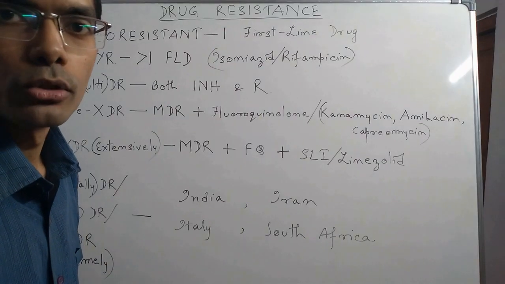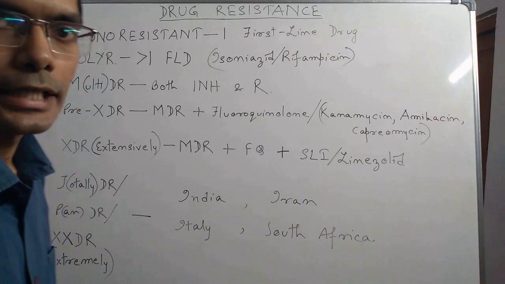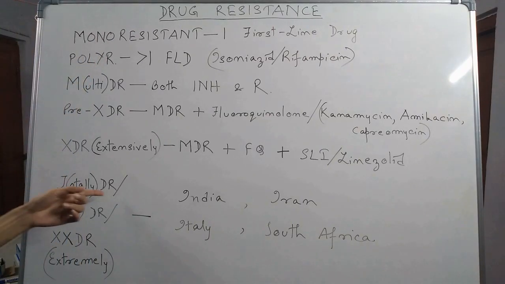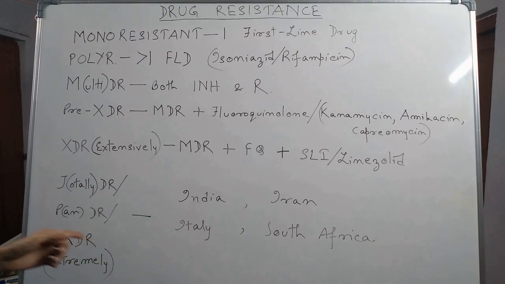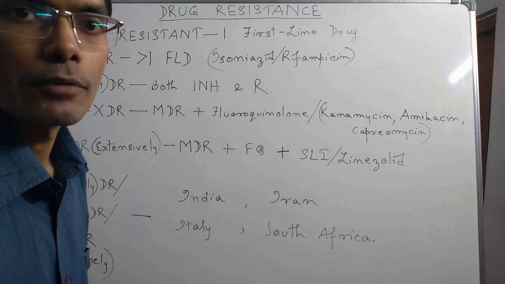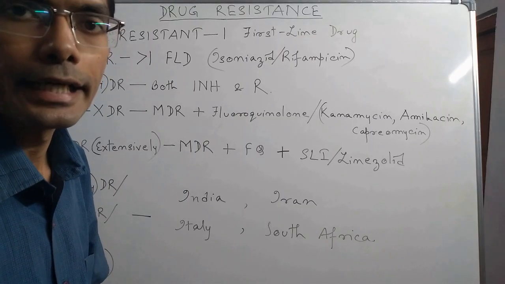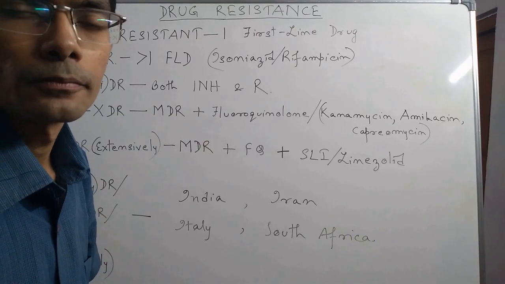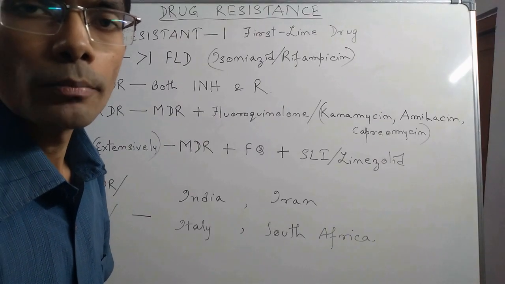And all hell breaks loose if it does not respond to any drug and is called totally drug resistant TDR or pan drug resistant PDR or extremely drug resistant XXDR. And such diabolical cases have been reported only in India, Iran, Italy, and South Africa. So this was all about Mycobacterium.